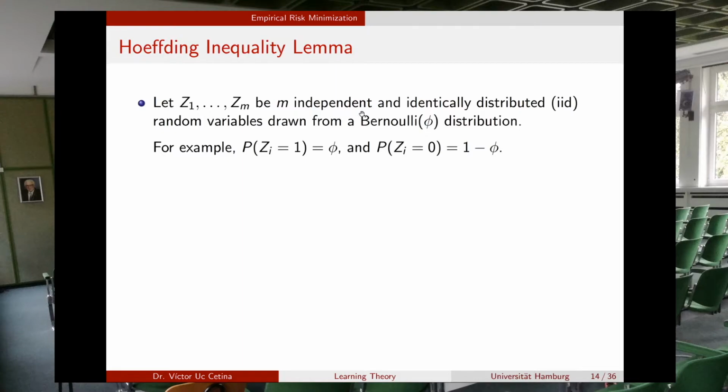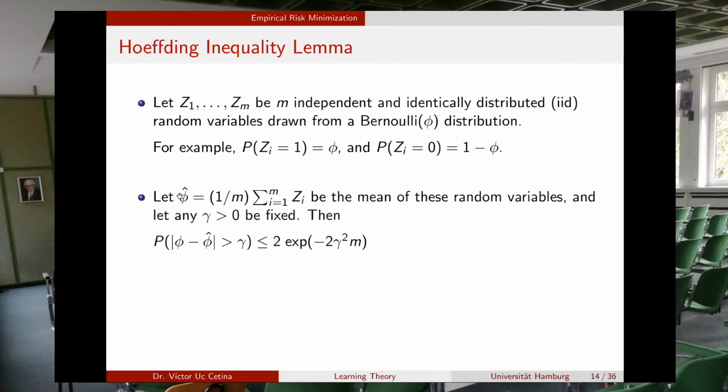So here we are assuming that these events were generated or drawn from a Bernoulli distribution. So the probability of Zi being 1 is phi, and therefore the probability of Zi being 0 is 1 minus phi.